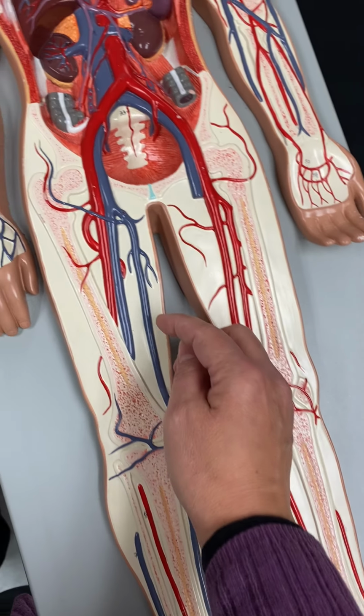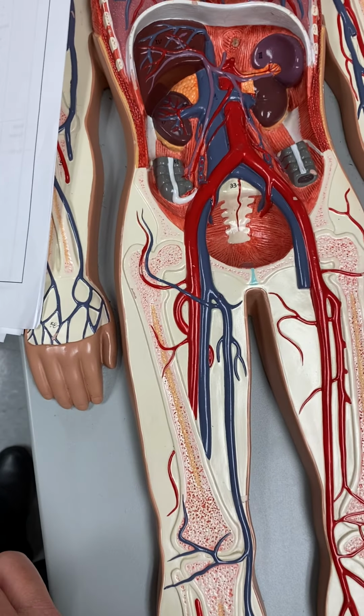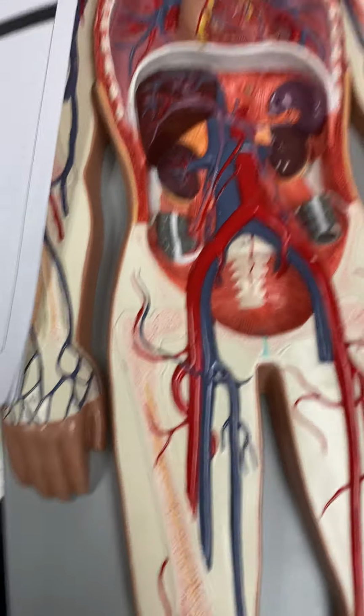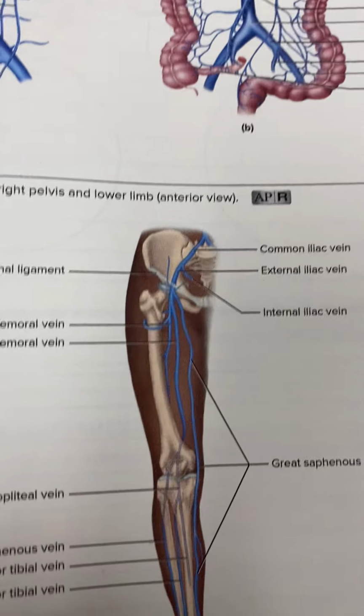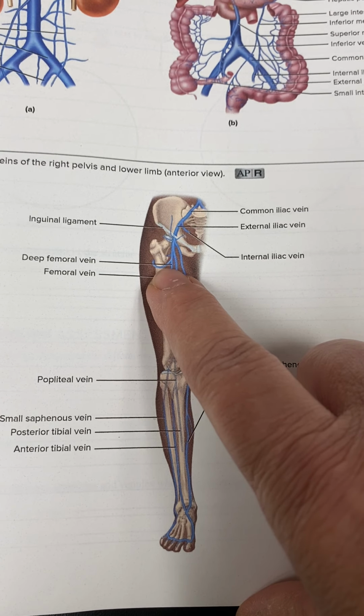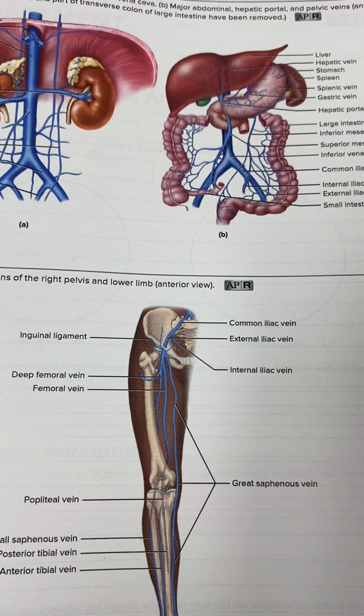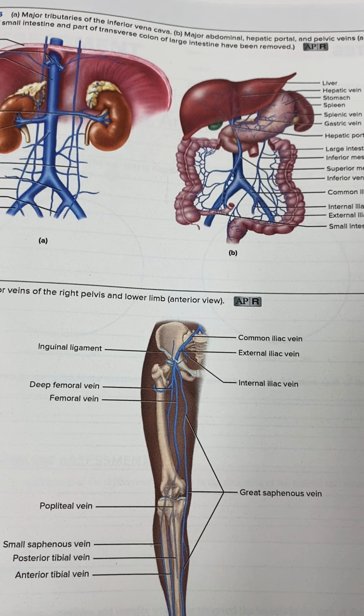There is a deep femoral vein as well, which branches off. If we look at our list here, or our picture, we can see it's there as well. A little harder to find on the leg model.